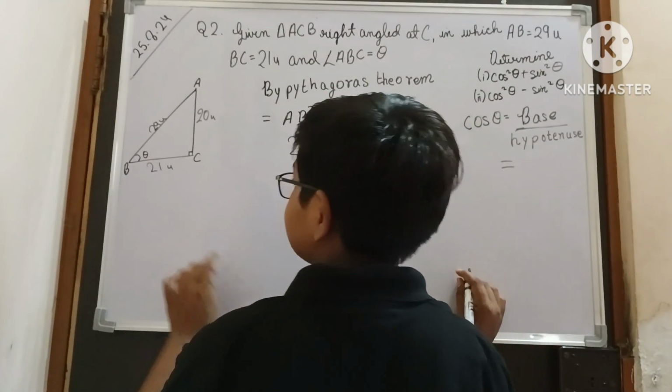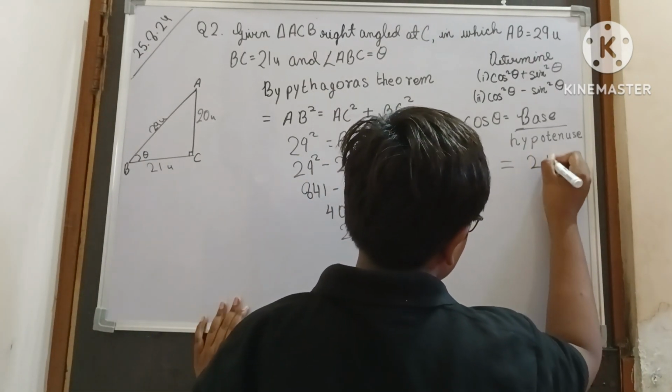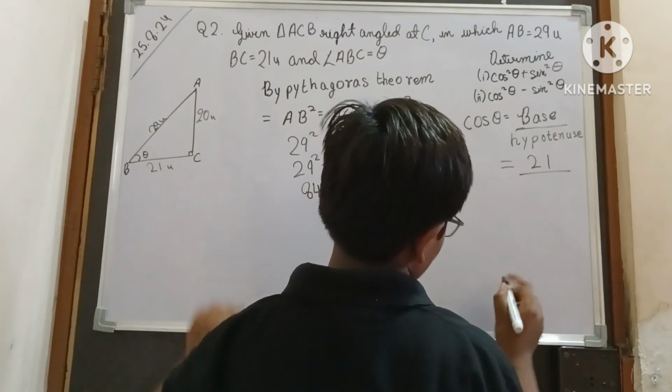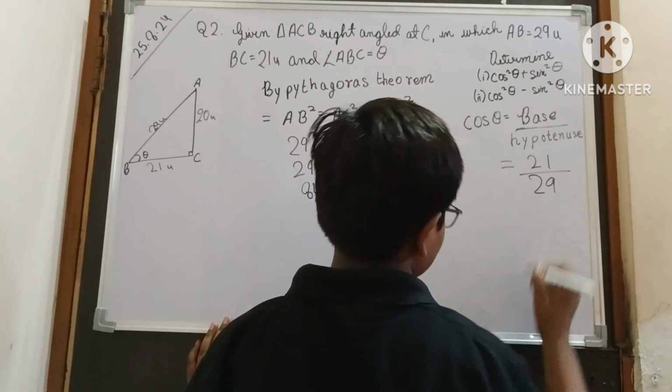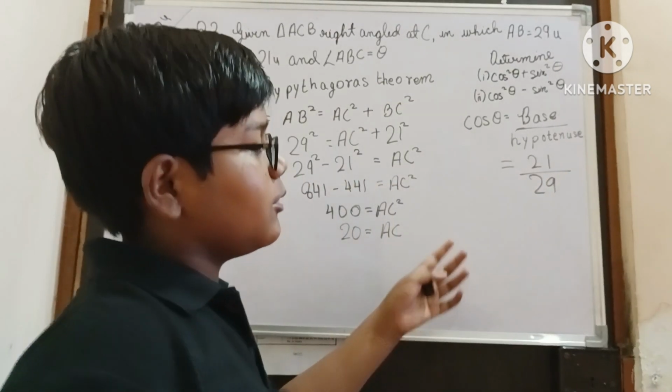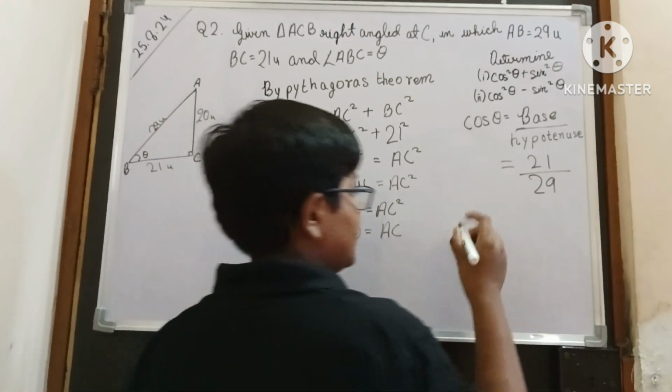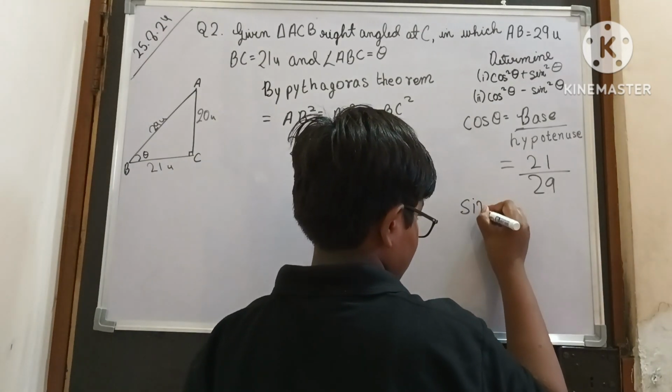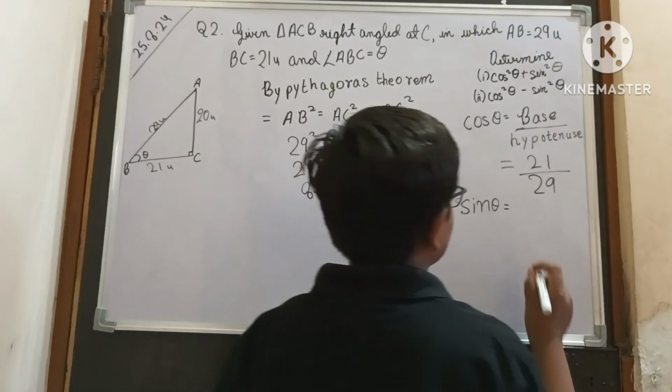So the base in a triangle is 21 units and the hypotenuse is 29 units. So our answer for cos theta will become 21 upon 29.